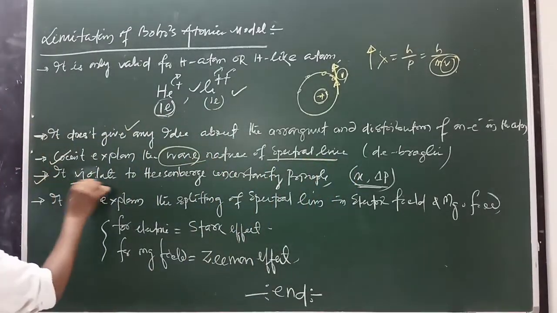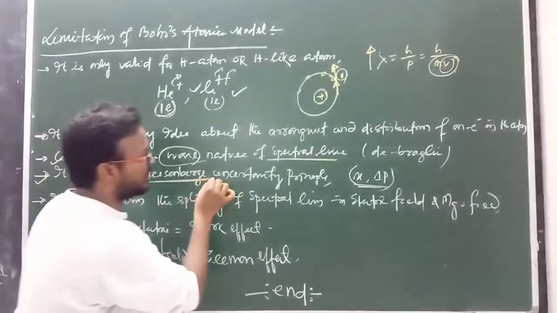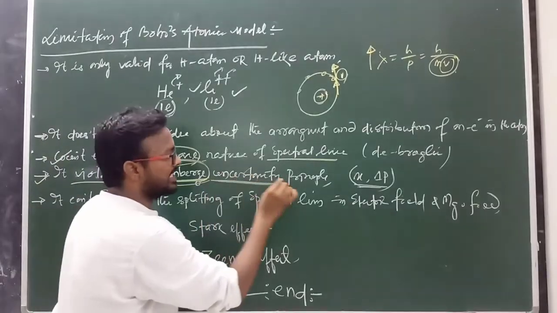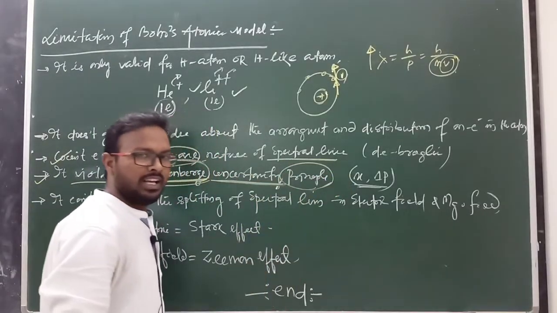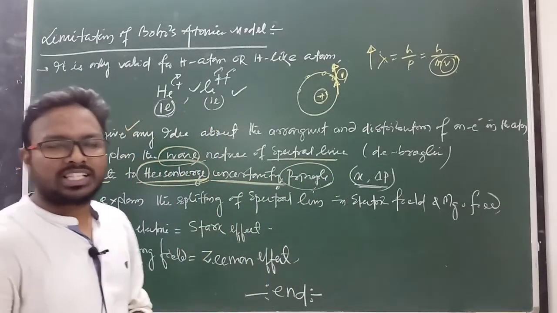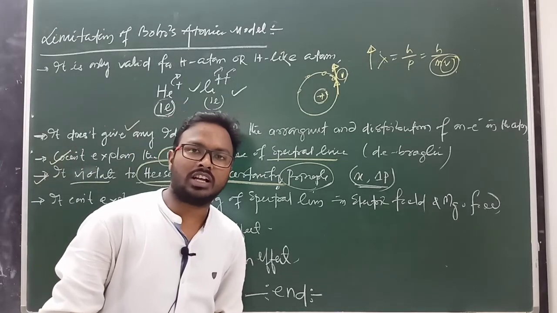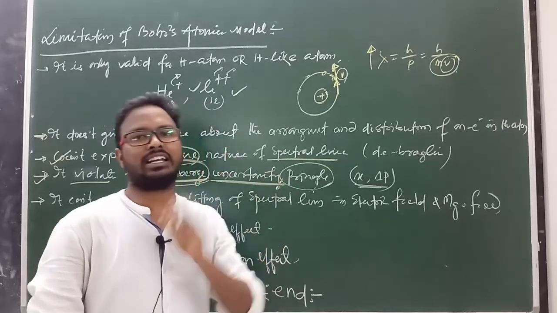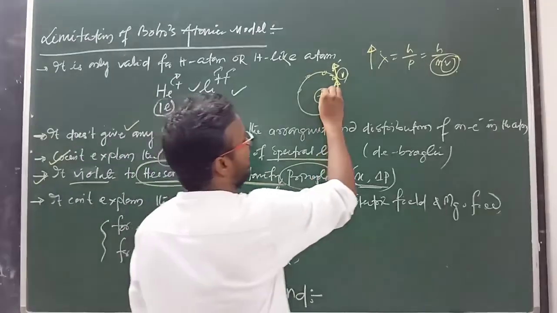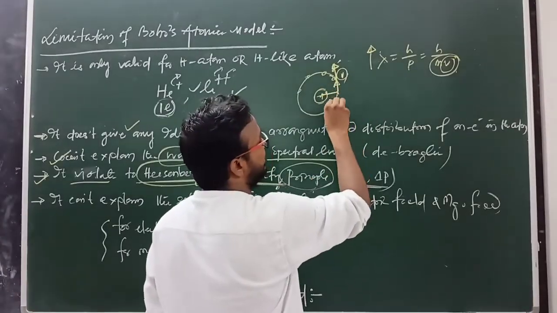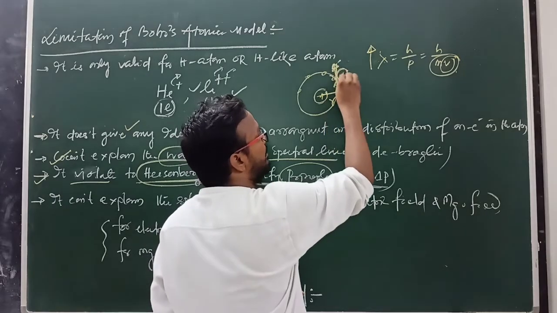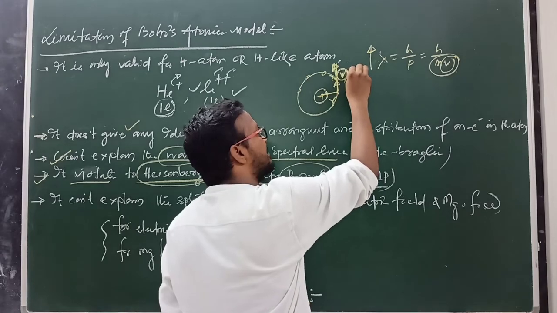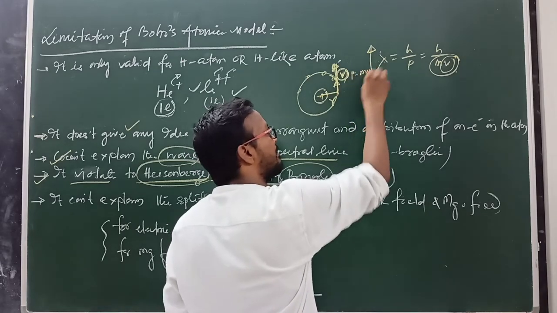Next, it violates the Heisenberg uncertainty principle. Heisenberg is a most important scientist name, and the uncertainty principle is a famous principle. According to this principle, we cannot measure the position and momentum of a particle at the same time. Suppose there is an electron situated at a distance r and moving with some velocity v, so it possesses momentum p equal to mv.